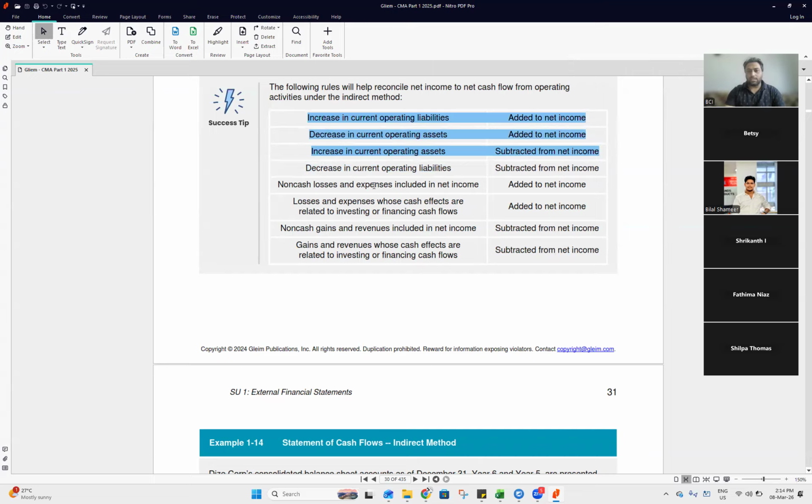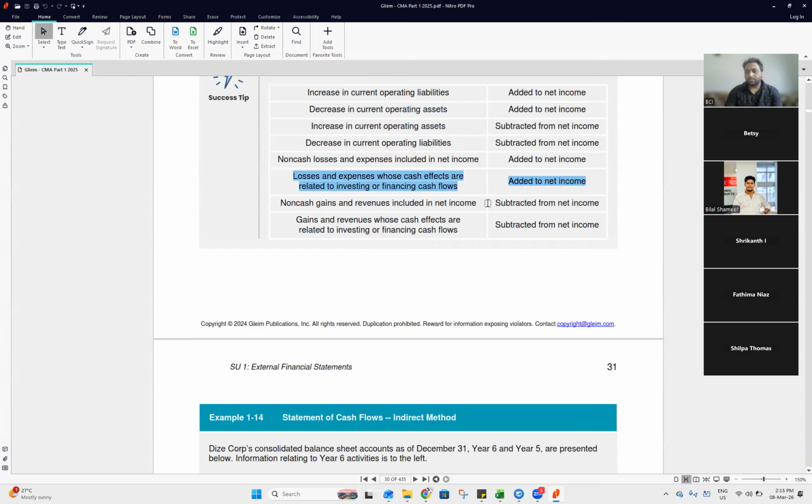Then losses and expenses whose cash effects are related to investing or financing cash flows, we will add to the net income. Why? Because we add back here and we will adjust in investing and financing activities. Clear? Then non-cash gains and revenues included in the net income, we will subtract from the net income. Then gains and revenues whose cash effects are related to investing and financing activity, you will remove from the net income. Clear?